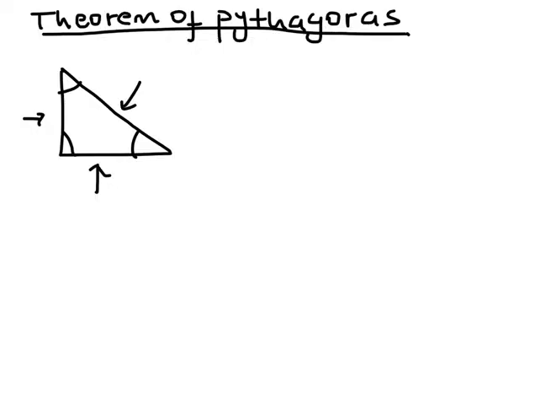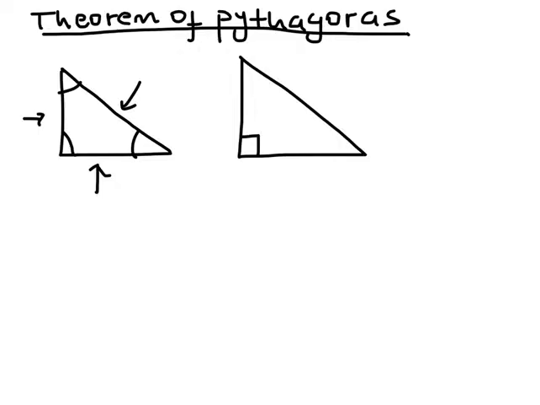The special type of triangle that we are going to be looking at is this one that has a 90 degree angle there. You see, at that corner, there should be that box. This is the only thing that tells you that you are dealing with a right-angled triangle, where one of the inside angles is equal to 90 degrees.